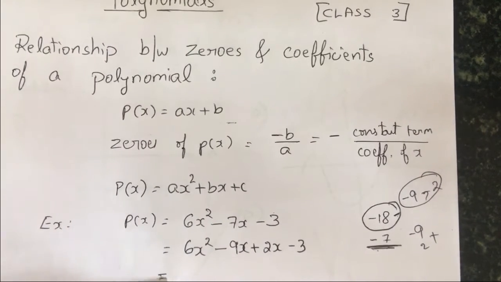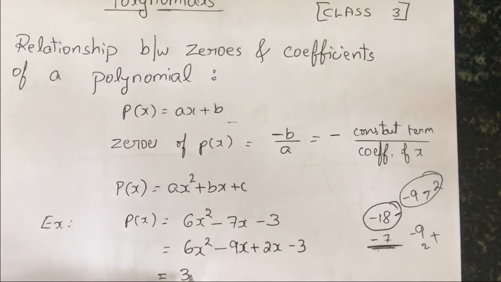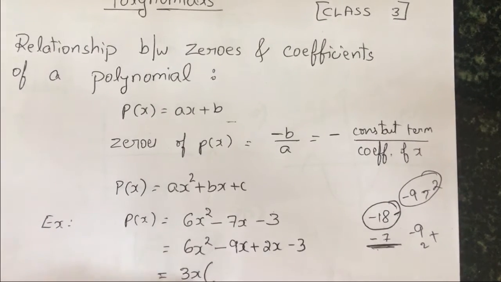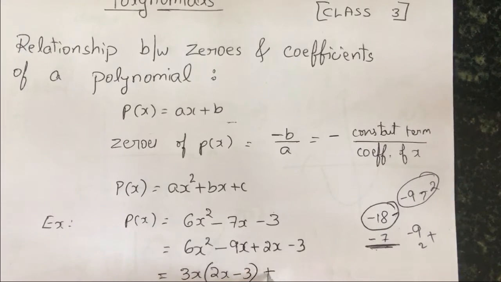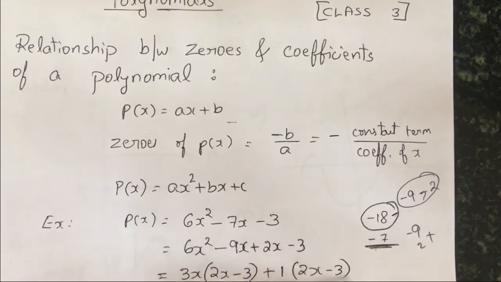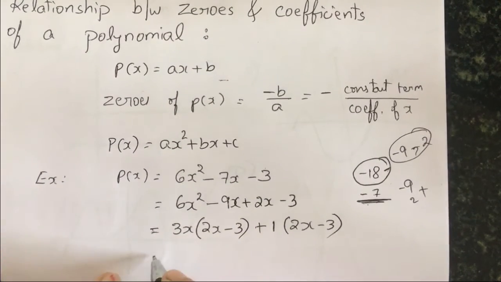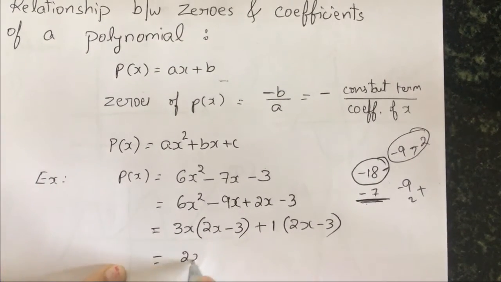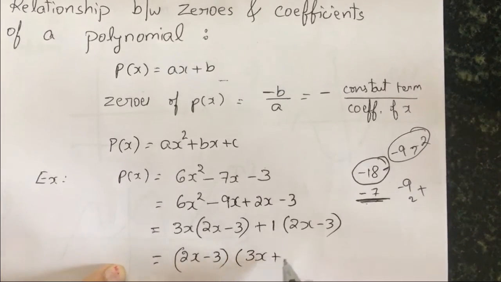In these two terms I can take 3x out, so the remaining is 2x minus 3, and here I'll just take 1 outside so that it remains the same. Now this 2x minus 3 is common, so I can write 2x minus 3 into 3x plus 1.